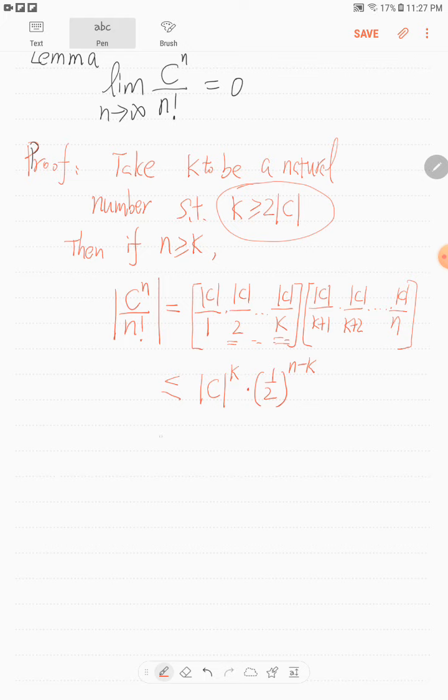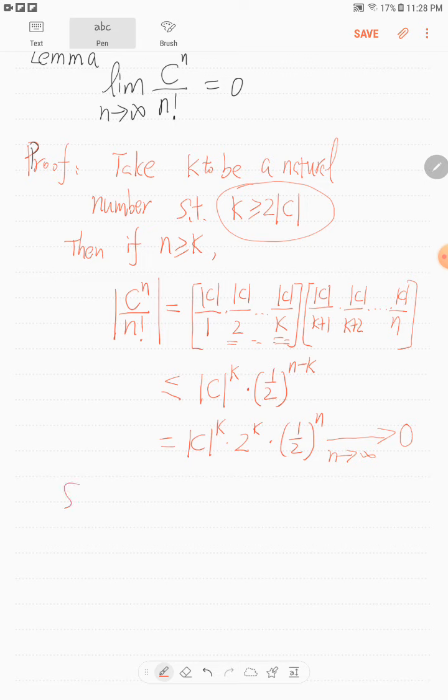If you rewrite this for better understanding, this is 2 to the kth power times 1 over 2 to the nth power, right? You can see that as n approaches infinity, this limit would be 0.